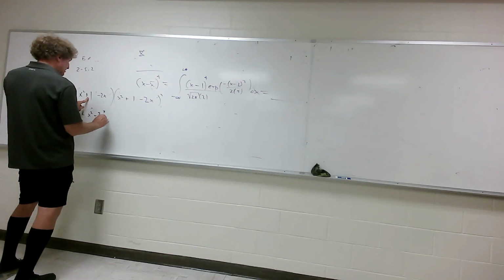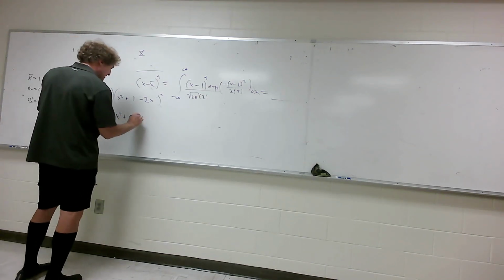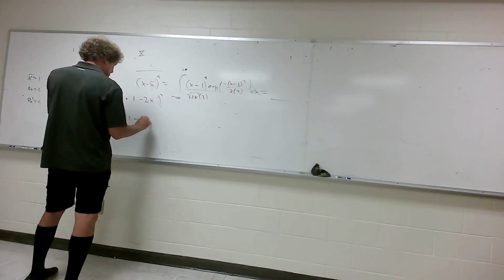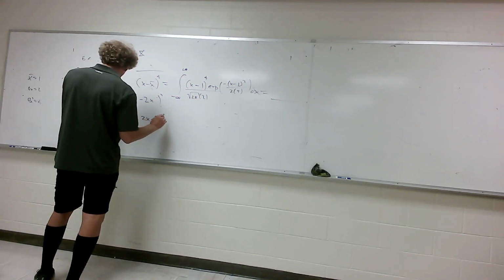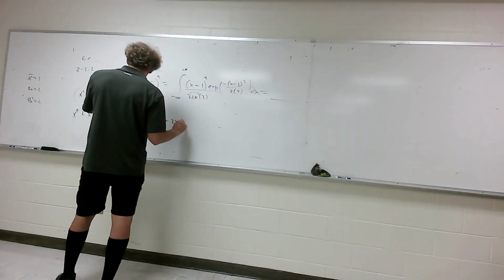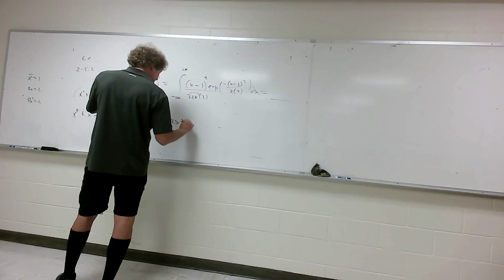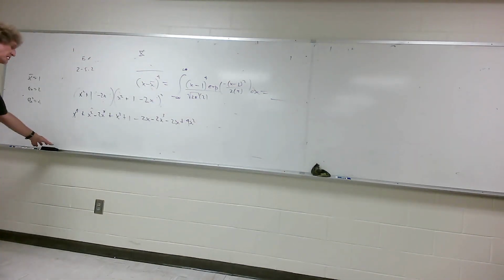And then I take 1 through here, so it's plus x squared plus 1 minus 2x. And then I take this through there, so I get minus 2x cubed minus 2x, and then plus 4x squared.